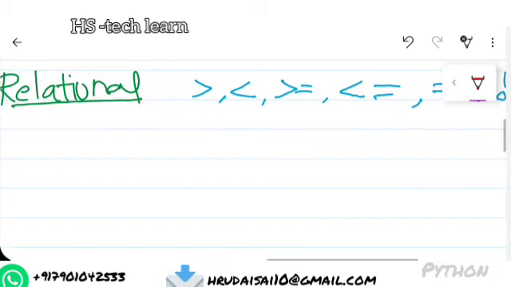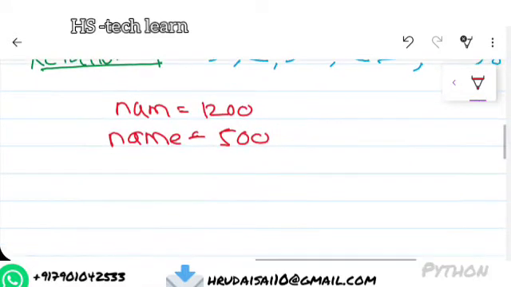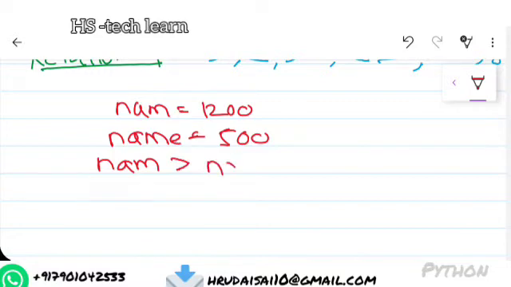Okay, we have to understand these operators with the help of examples. Let us see one more. num equal to 1200, name equals to 500, num greater than name.